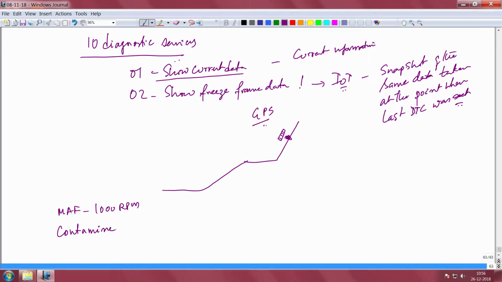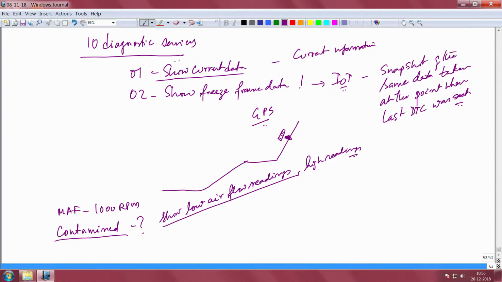Because we started with that, if it is contaminated you will find that it shows lower airflow readings compared to a known good one. If it is contaminated you will find that the airflow is lower, and in some rare cases it can also show very high readings.